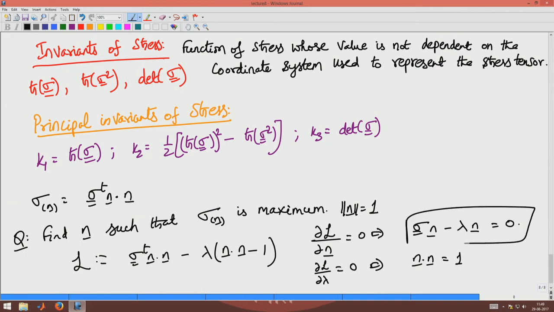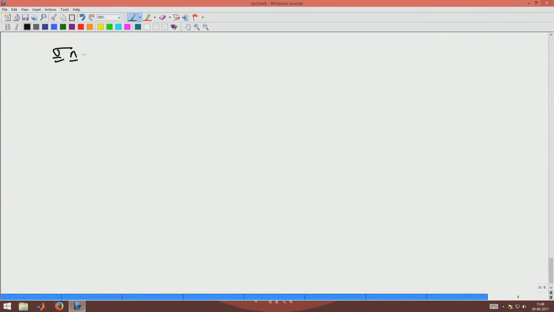Look at this equation. We have sigma n minus lambda n equal to 0. I can rewrite this as sigma minus lambda times identity, times n, is equal to 0. Now, this is a matrix, so this is something like A times n equal to the 0 vector.